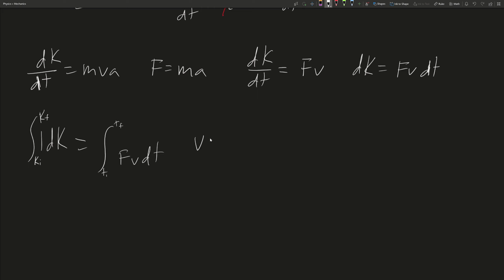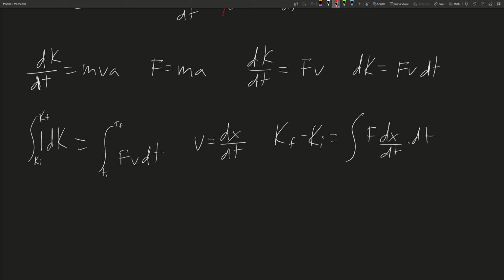Now recall that velocity is equal to dx over dt. So substituting that in, we have the change, so final kinetic energy minus initial kinetic energy, which is the left side of that equation evaluated, is equal to the integral of force dx over dt times dt.